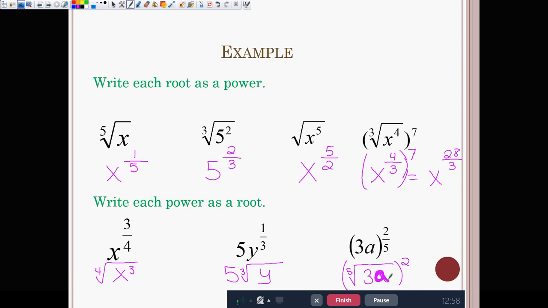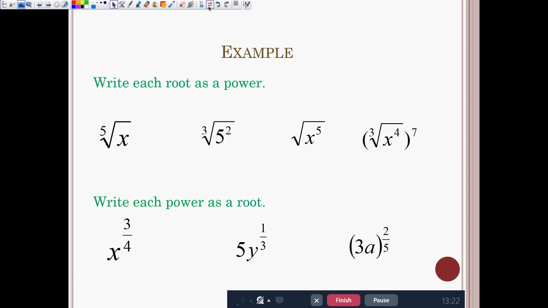So that's turning something from a radical to a power or exponent. And then our bottom one is turning a power into a root or exponent into a radical. Okay? Now, when we're evaluating rational powers, that's what we're going to be doing now.